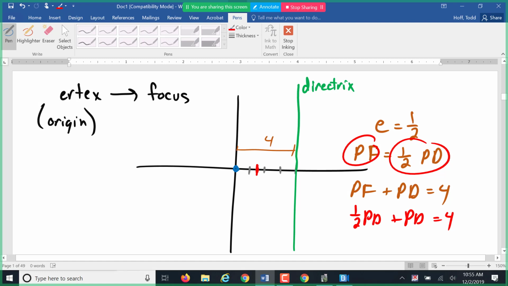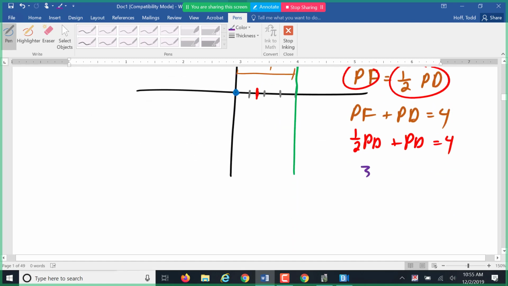So doing the algebra here, I get 3/2 PD equals 4. Dividing by 3/2, I get that PD equals 8/3, which means PF equals 4/3.